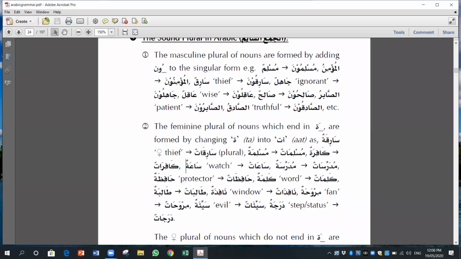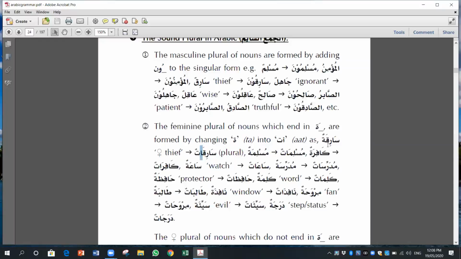Due to this alif, the qaf's sound is prolonged. If it is qaf without alif, then the short vowel fatha is there, and fatha is a short vowel. But when fatha is followed by alif, it becomes a longer vowel, and we prolong the sound.